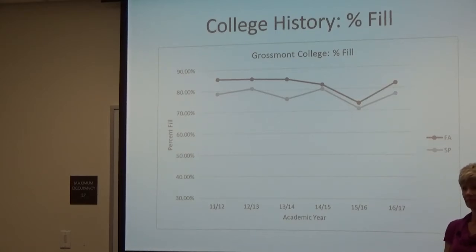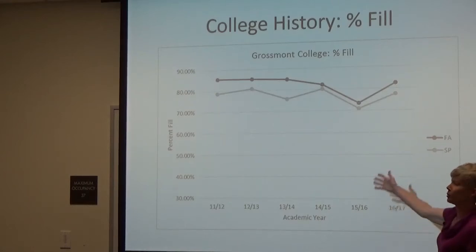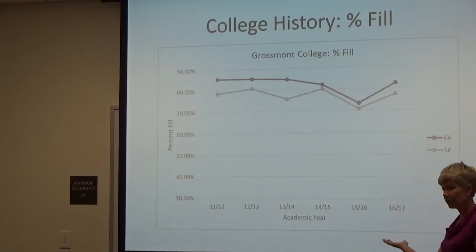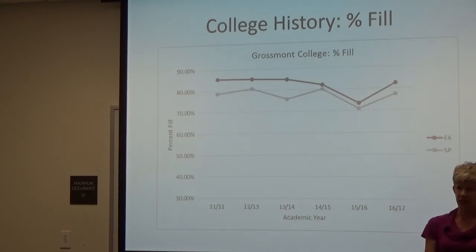Let's put a lab component in there, thereby taking what's typically a 50-seat class down to 40. That'll improve our efficiency. It'll improve your percent fill, but it won't improve the WSCH per FTEF.